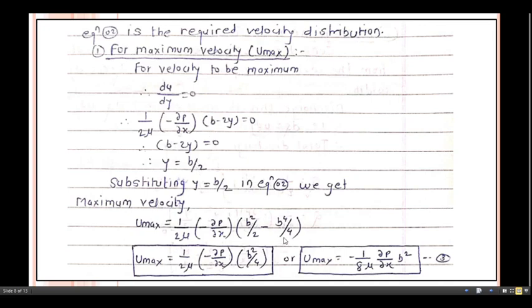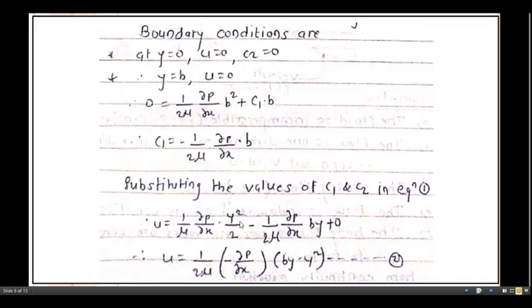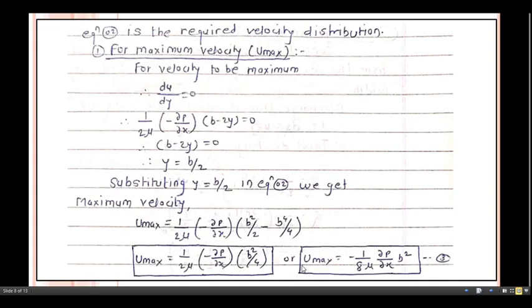Now we can get the maximum velocity in this way: 1 upon 2 mu into minus dP by dx. In the bracket, just observe this relation, substitute the values and simplify it.